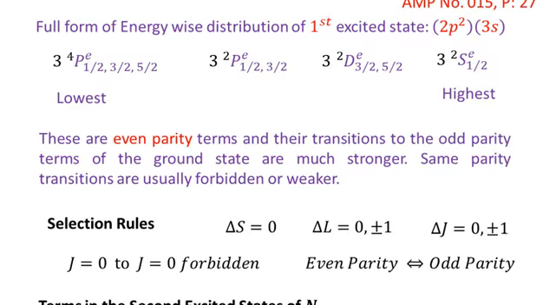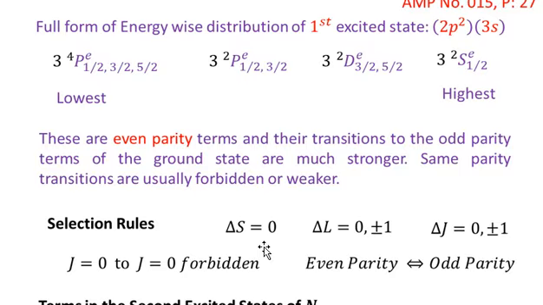And the selection rules that will be used are delta S equal to 0. Delta S equal to 0 means that the transition will only occur between states having the same multiplicity.